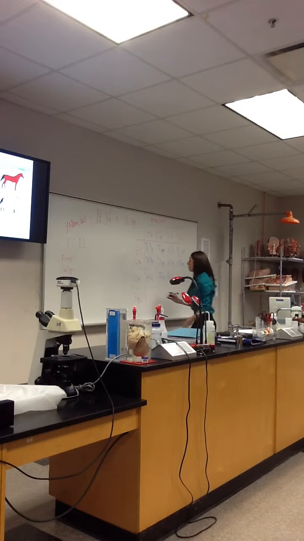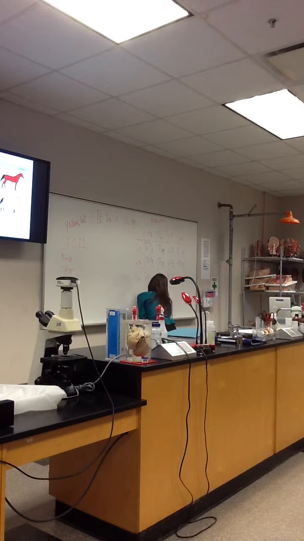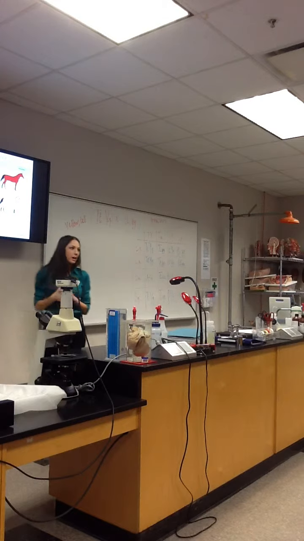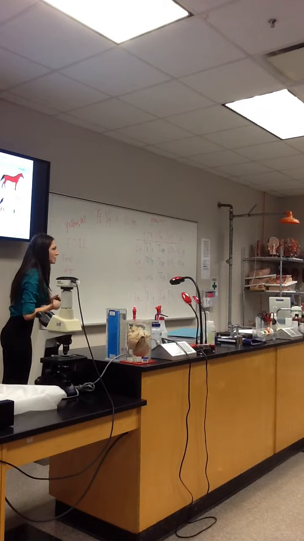Little t, little y, little y. Big T, big Y, little y. Big T, little y, little y. Little t, big Y, little y. Little t, little y. Okay. So there you go. 16 square Punnett square.